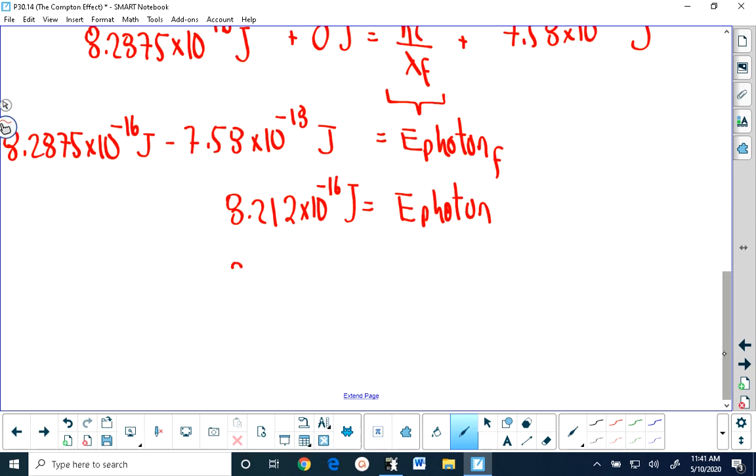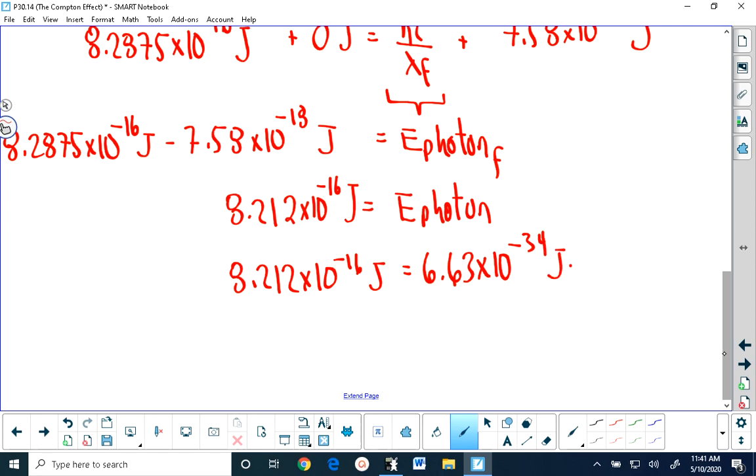So if we take 8.212 multiplied by 10 to the negative 16 joules, set it equal to Planck's constant times the speed of light, divided by the wavelength.